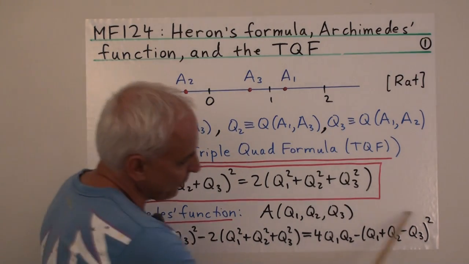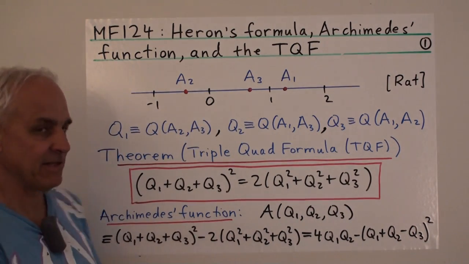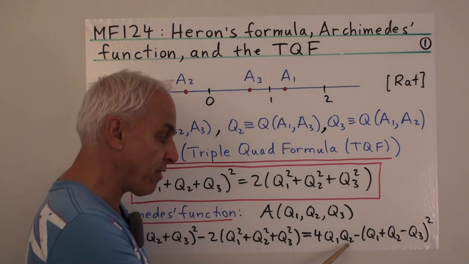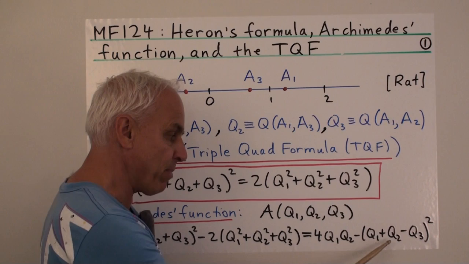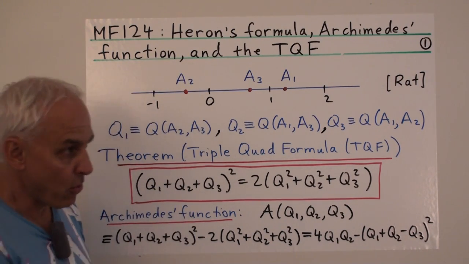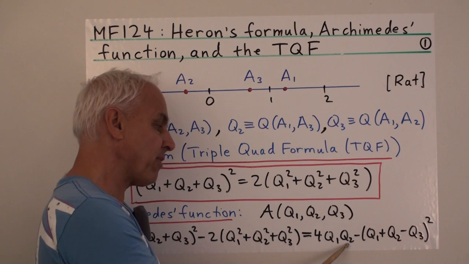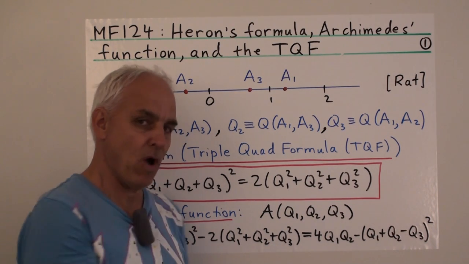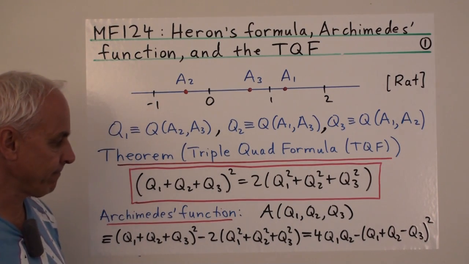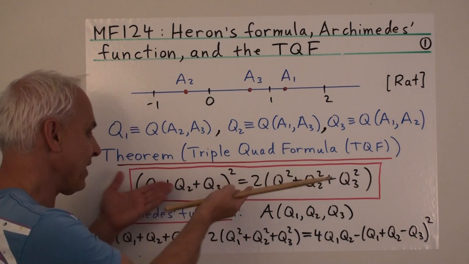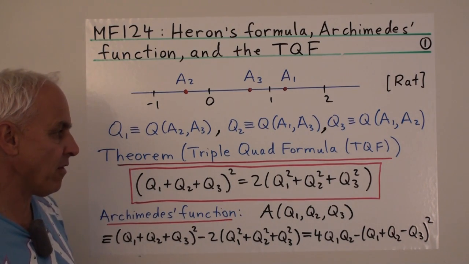And this was one of 3 possible different asymmetrical rewritings. We could have also said 4 Q1 Q3 minus (Q1 plus Q3 minus Q2) all squared, or 4 Q2 Q3 minus (Q2 plus Q3 minus Q1) all squared. So that's what we're going to call Archimedes' function, and it's of course intimately connected with this triple quad formula.